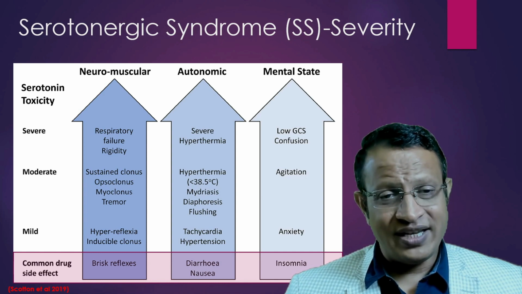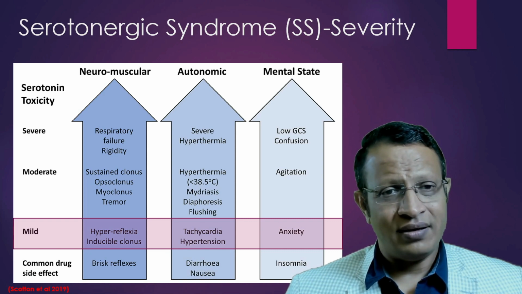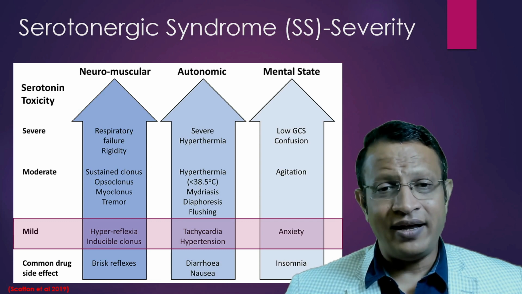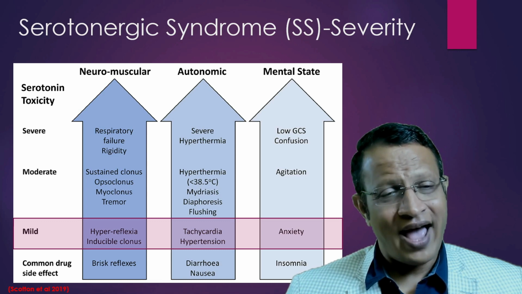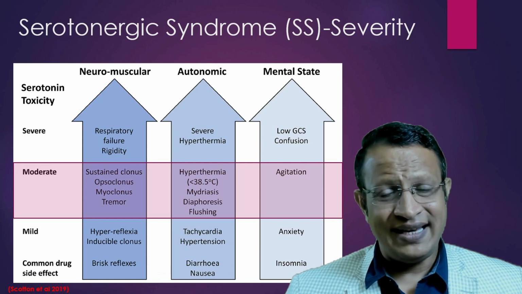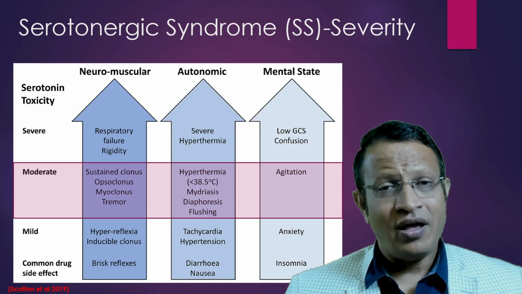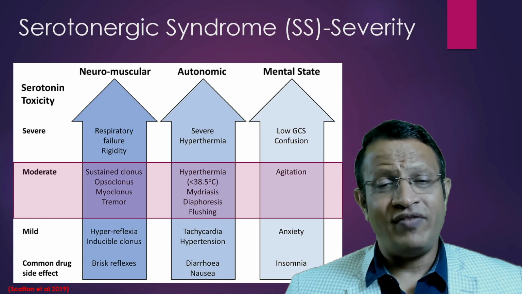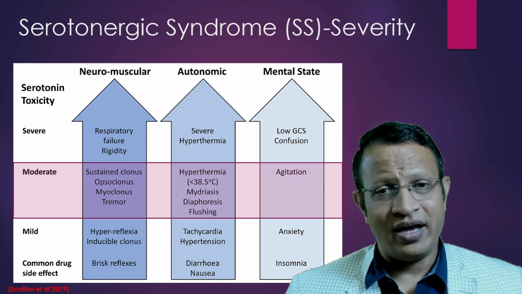However, if there is mild serotonin syndrome, you are going to see hyperreflexia and inducible clonus in the neuromuscular area, tachycardia and hypertension in autonomic area, and in mental status, you will find anxiety. If the patient has moderate serotonin syndrome, you will see sustained clonus, myoclonus, opsoclonus, tremor in the neuromuscular domain, whereas in autonomic domain, you will find hyperthermia, mydriasis, flushing, and diaphoresis.